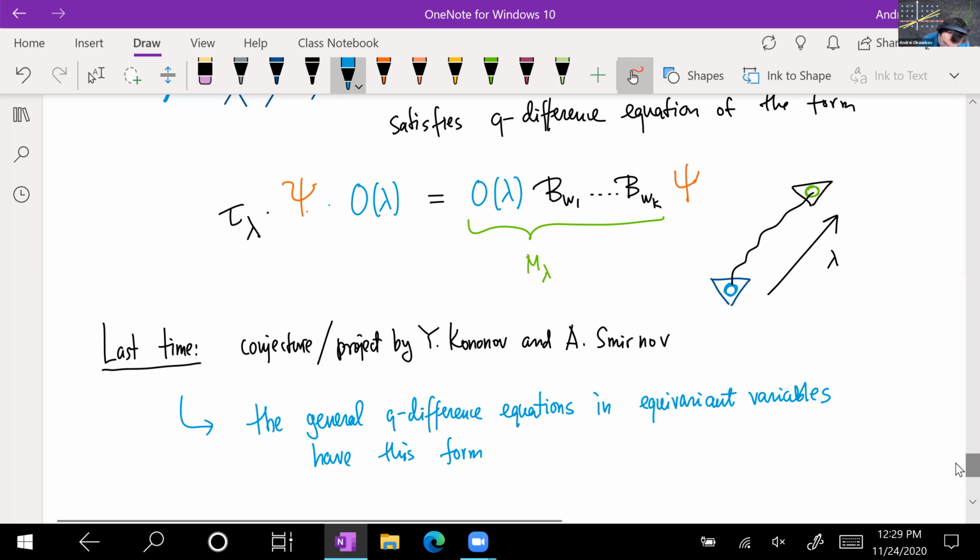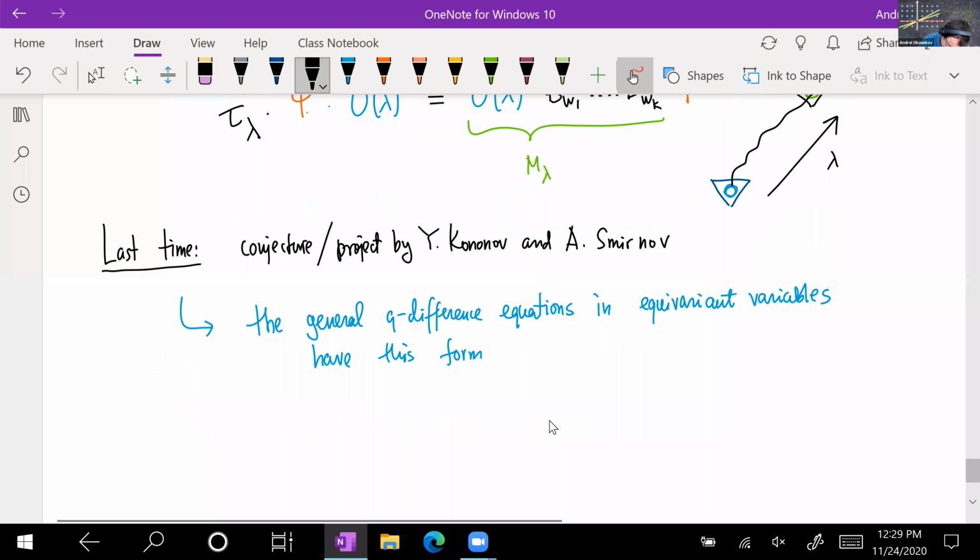If I have a wall, I have the fixed locus of the wall, and then here, which is larger, I have the fixed locus of my whole torus.